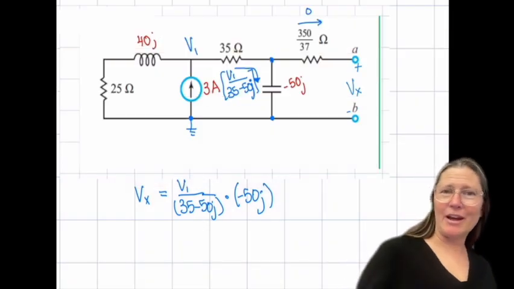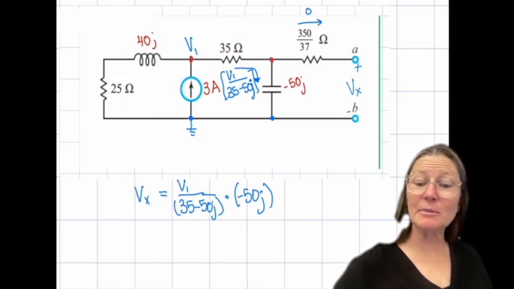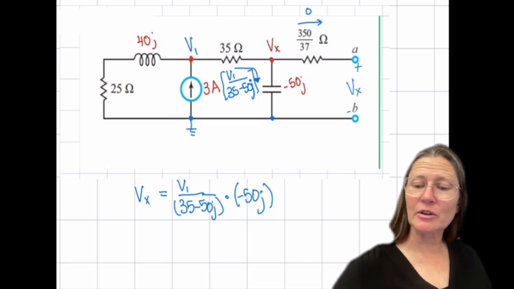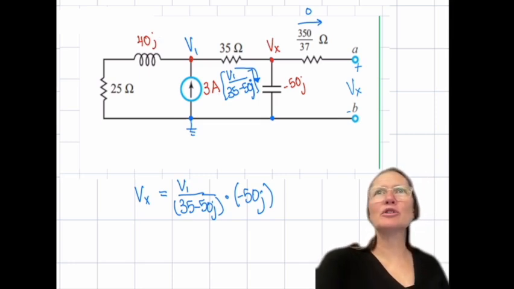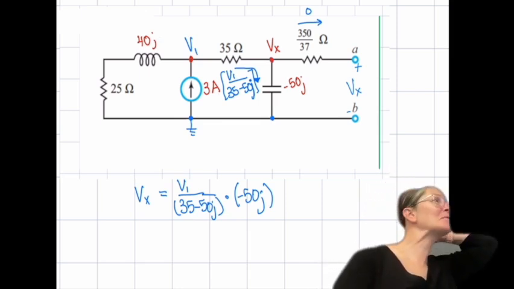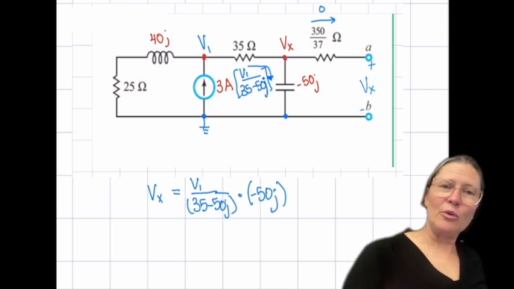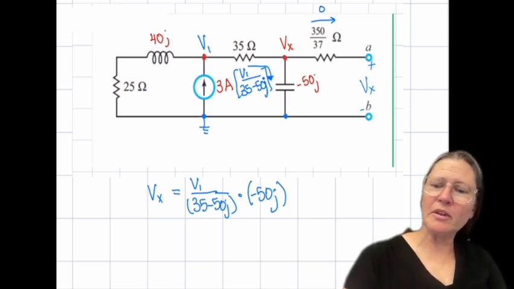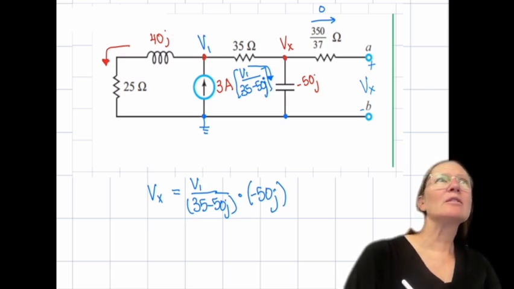Since we're using calculators in here, this is more likely going to be easier to do with labeling this as Vx and just writing those two node voltage equations. And then just use the calculator to solve for them instead of manipulating it 3 times. So with using Vx in there, what is the current in this branch if I label it this direction?